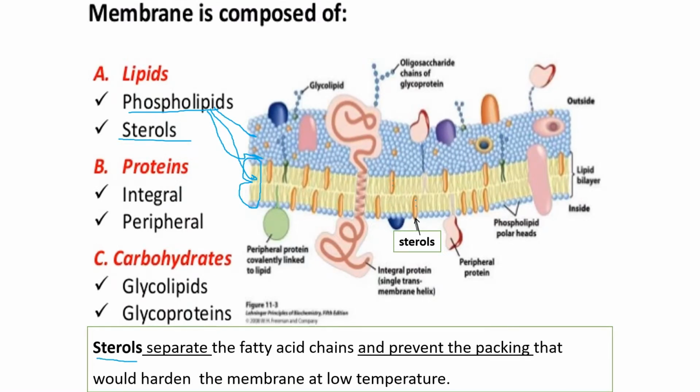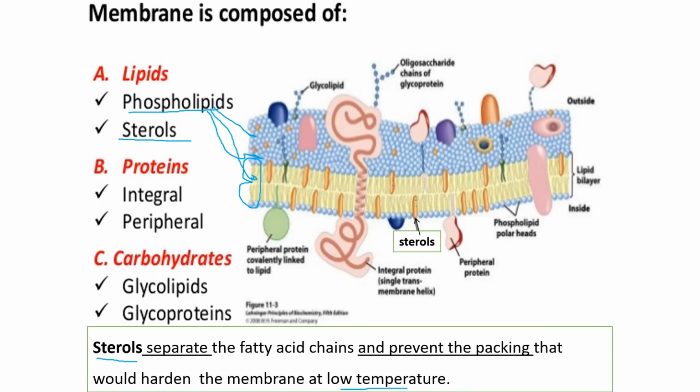Sterols separate the fatty acids, the hydrophobic tails of the phospholipids. They separate them and prevent their packing together if we are in a low temperature environment.